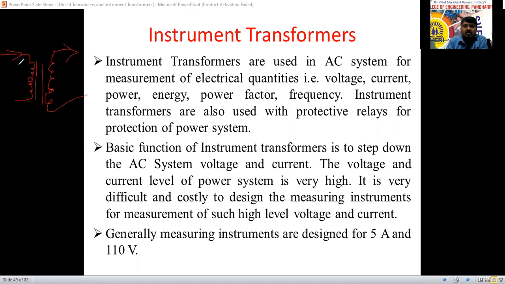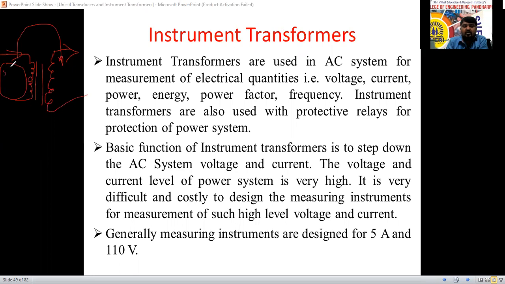So the transformer is a static electromagnetic device which transfers electrical energy or power from one circuit to another circuit at constant frequency, without changing the frequency. See, here we pass 50 hertz.